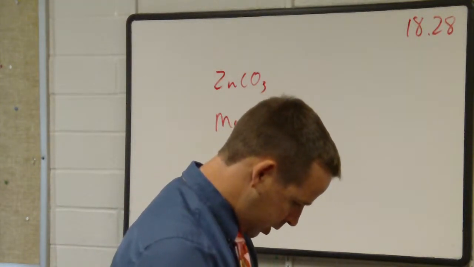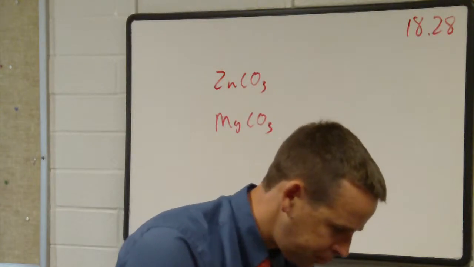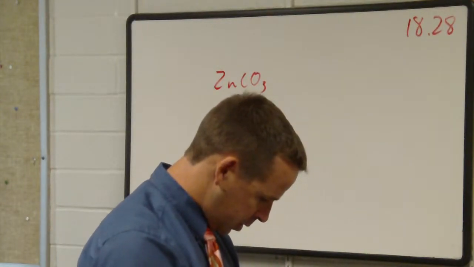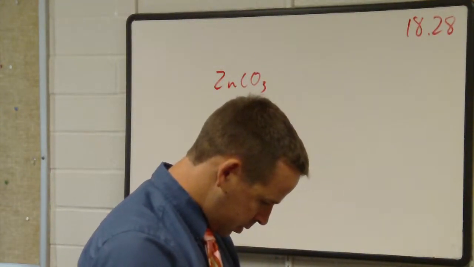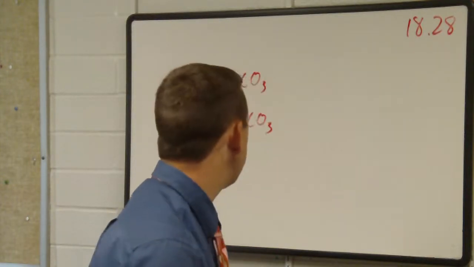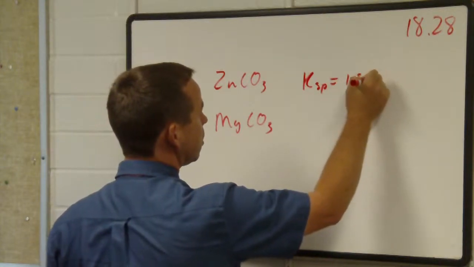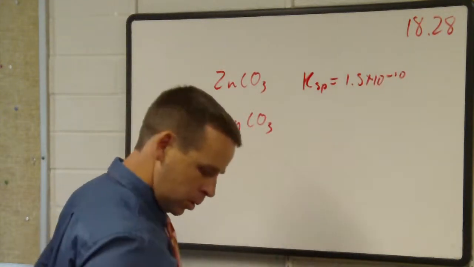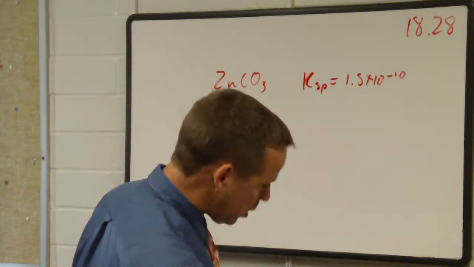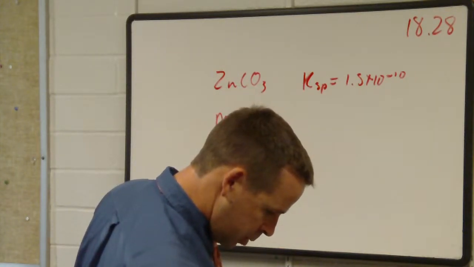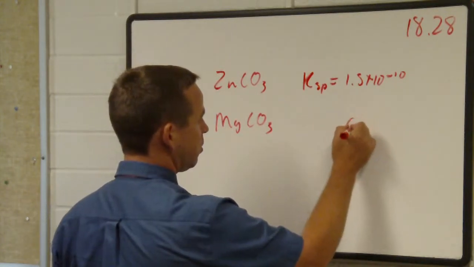Here we are on page 832. We have the zinc carbonate, 1.5 times 10 to the minus 10. And magnesium carbonate, 6.8 times 10 to the minus 8.